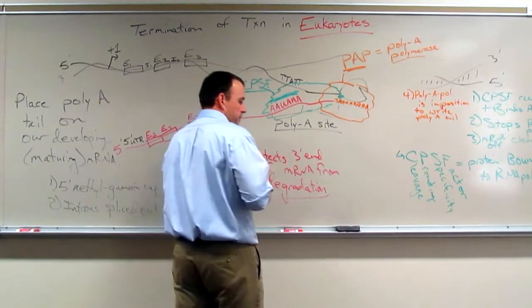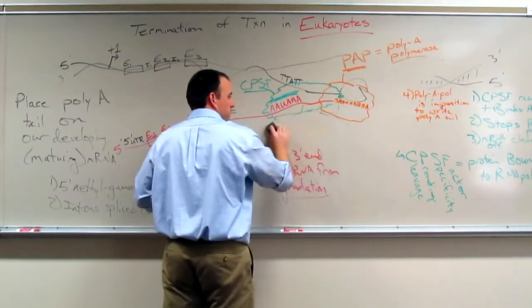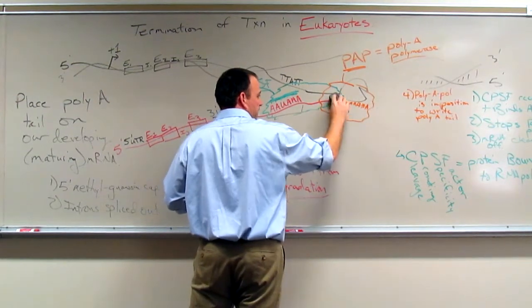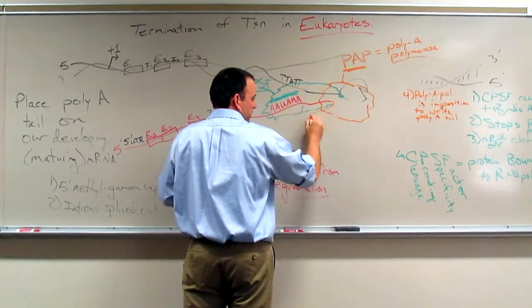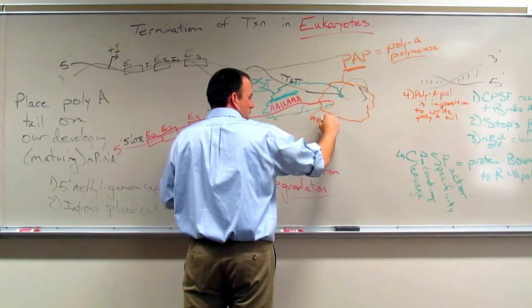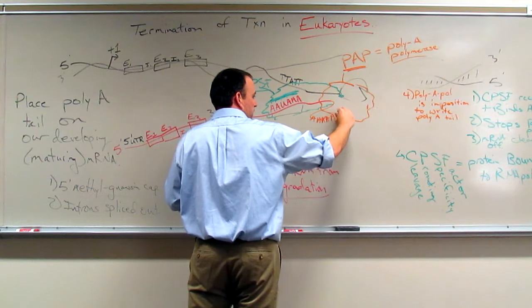So what begins to happen? Well, poly-A's keep getting written. They write A after A after A after A after A. And so what happens? These A's have to go somewhere, and it begins to branch out and bulge out around here.